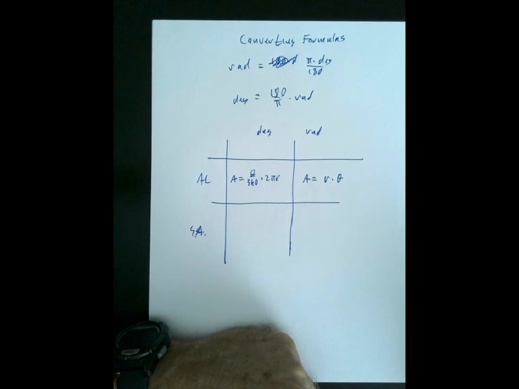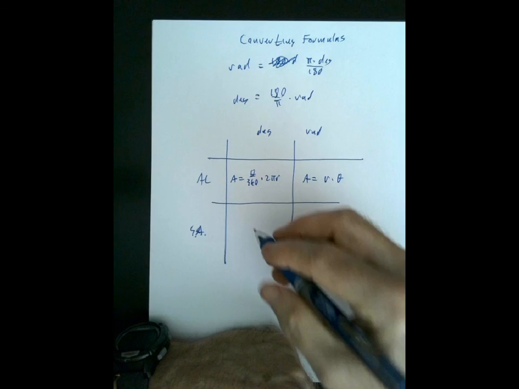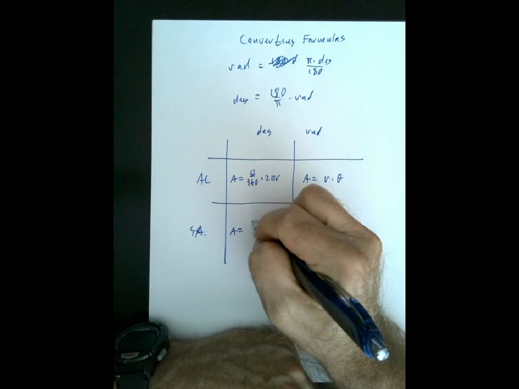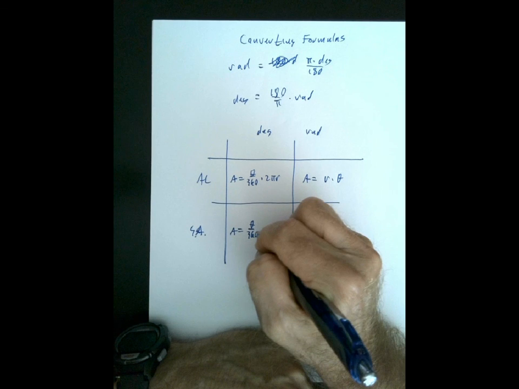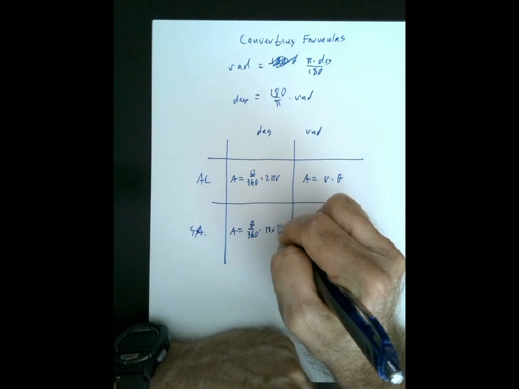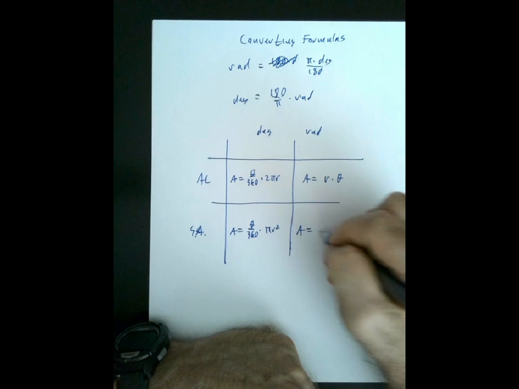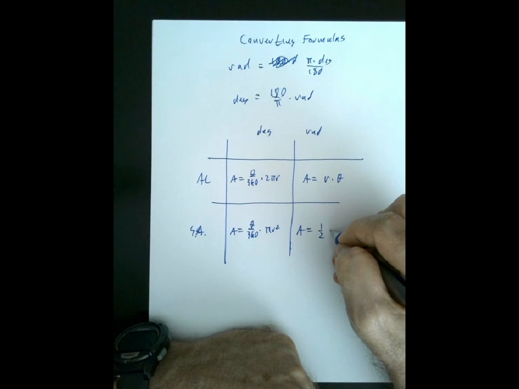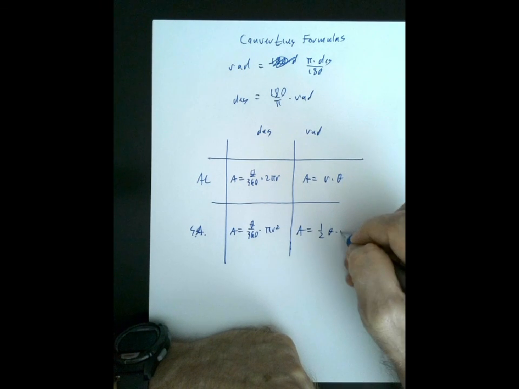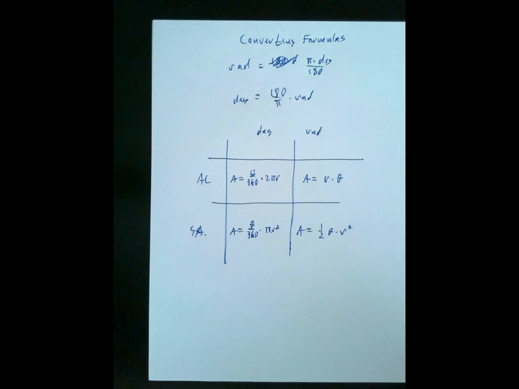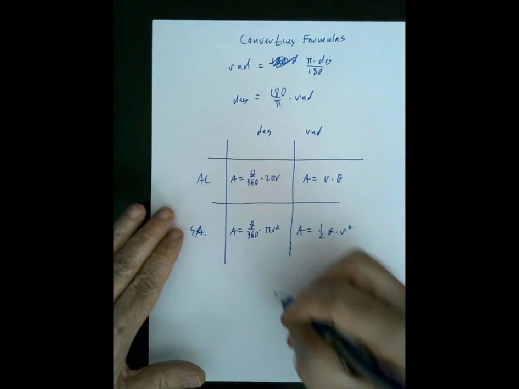For area, the sector area is theta over 360 times pi r squared if you're in degrees, and 1/2 theta times r squared will give you the sector area if you're in radians.